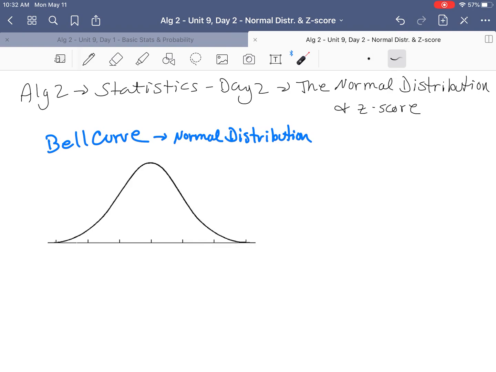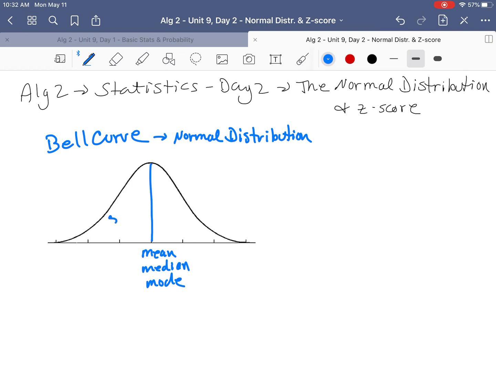And so when you have a normal distribution, your center is your average, your mean. But the center is also the median, and it's also the mode of your data set. So what's special in a normal distribution is that the mean, median, and mode are all the same number.